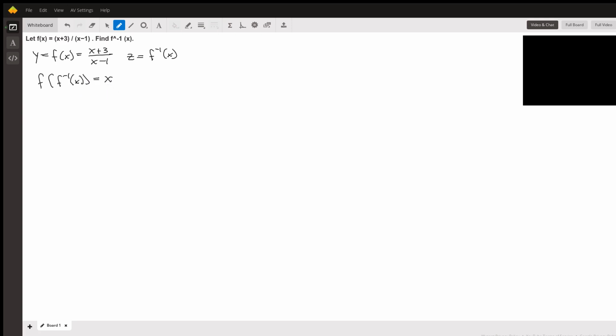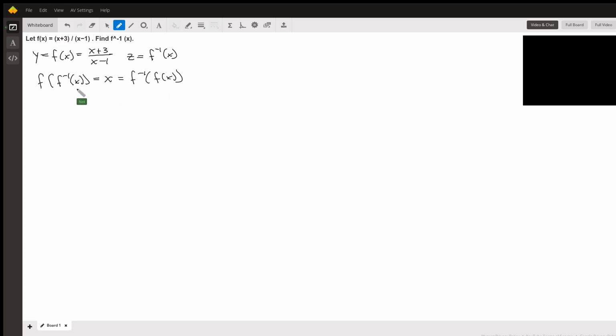The function takes x to a different number, and the inverse brings it right back. So you arrive right back at x. And of course, you can also write this in the other order. So this is a property of functions and their inverses.